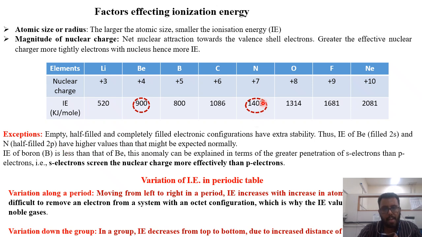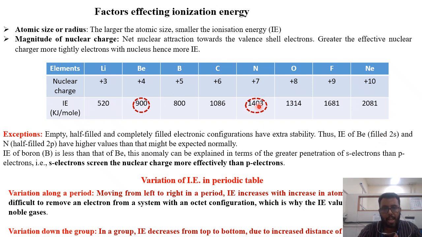As a result, they have higher ionization energy. If you move from lithium to beryllium, actually beryllium should have 800 or 900, but it's the other way. The reason is the 2s orbital is more stable, because two electrons are filled in it, so the energy is higher.